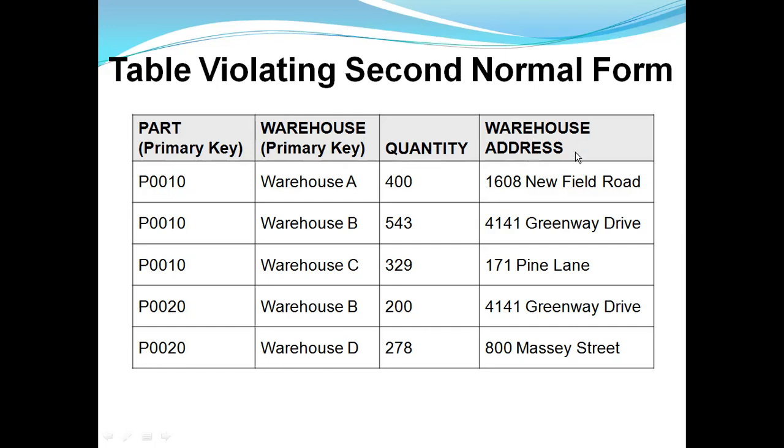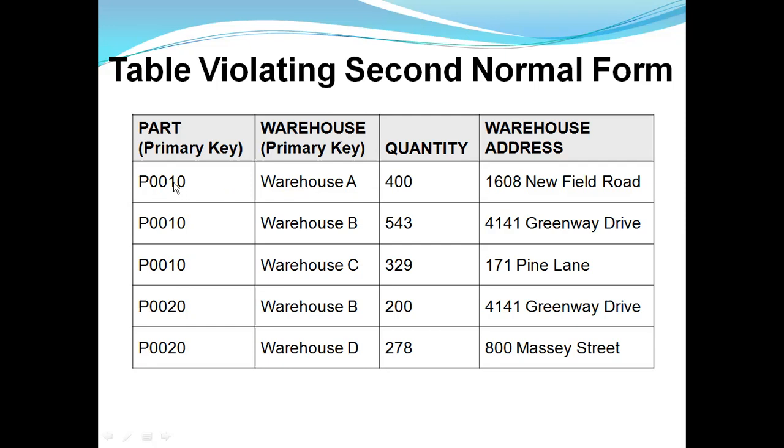Quantity and warehouse address is a non-key field. Now, this quantity is of this product at this warehouse. I'll repeat once again. This quantity is of this product at this warehouse.